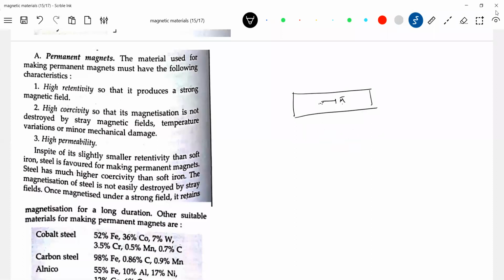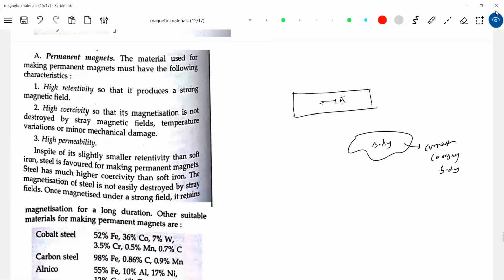There is some current carrying body. If it produces a magnetic field such that the magnetic field is in this direction.